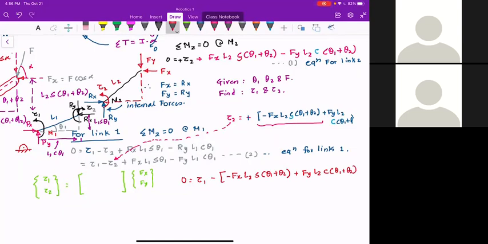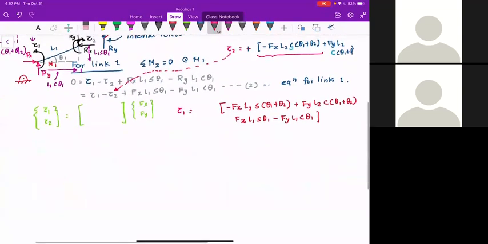And let's not forget the remaining terms, which are fx L1 sine theta 1 minus Fy L1 cosine theta 1. So now I have two equations with tau 2 and tau 1 that can go on the left hand side. So if I want to take this on the left hand side, I'm just going to say here tau 1.